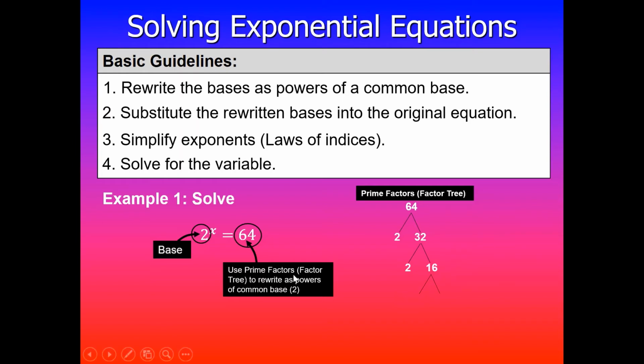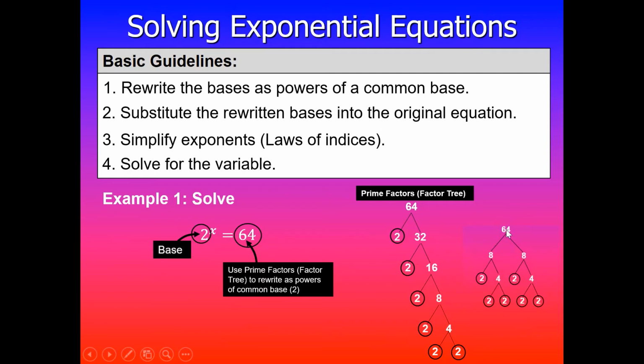And in other words, 2 times 16 is 32, and 32 times 2 is 64. And then if I halve 16, I will get 8. Likewise, half of 8 is 4, and then half of 4 is 2. Now we've got all the prime factors for 64. In this case, it's 2 times 2 times 2 times 2 times 2 times 2, which means it's 2 raised to the power of 6.